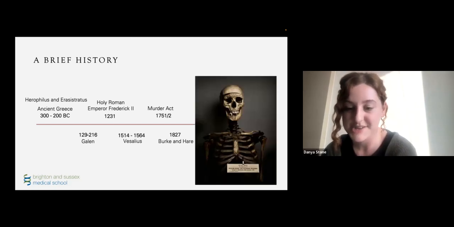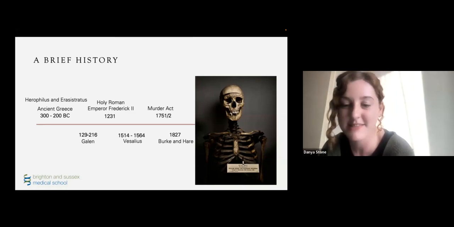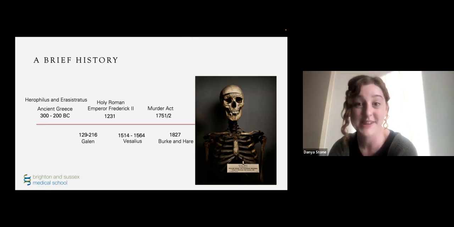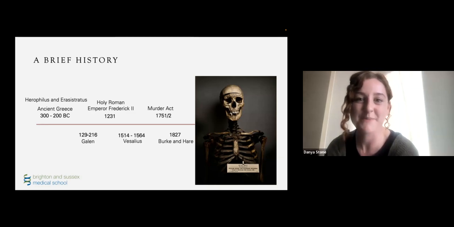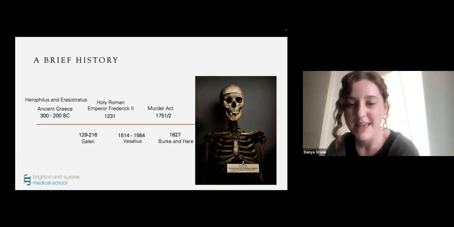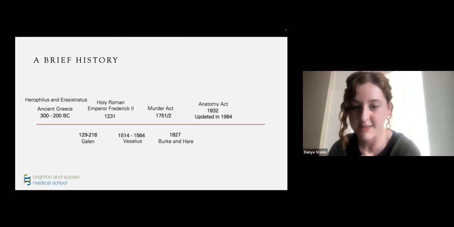And we have an image of Burke's skeleton here, because as we just spoke about, the Murder Act meant that public dissection was reserved only for people that had committed murders. So Burke himself ended up being publicly dissected. And the skeleton of William Burke can still be found in the Edinburgh Museum even today.